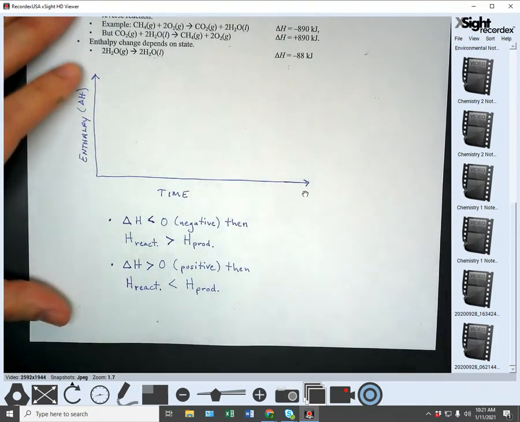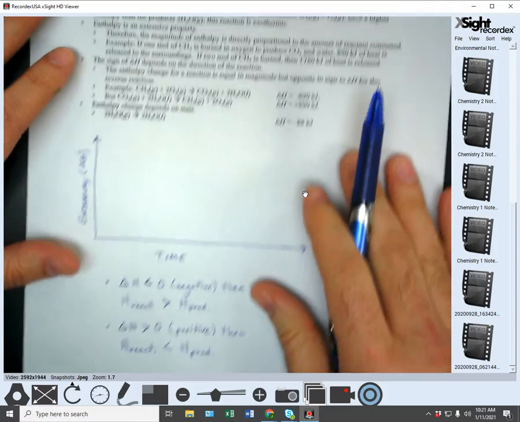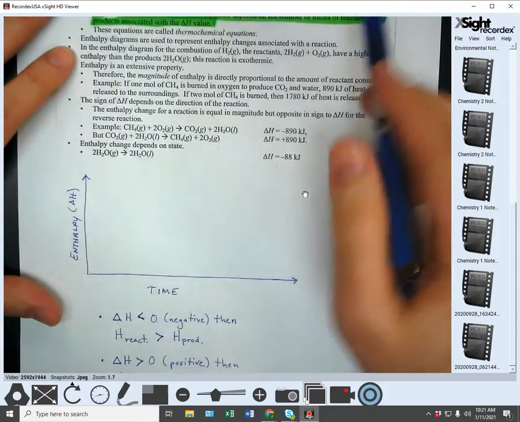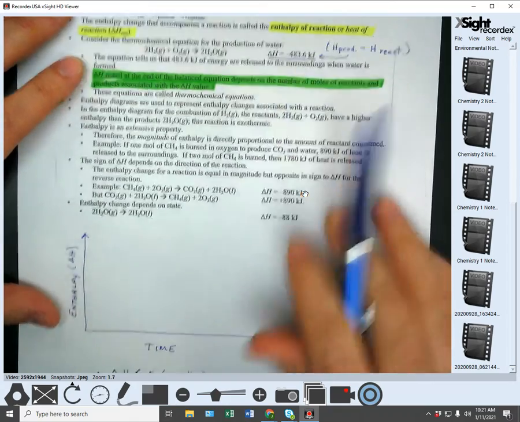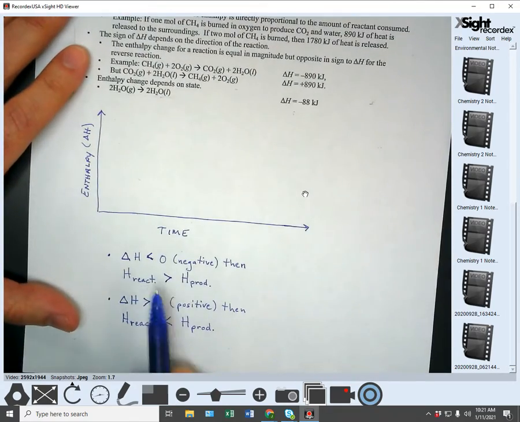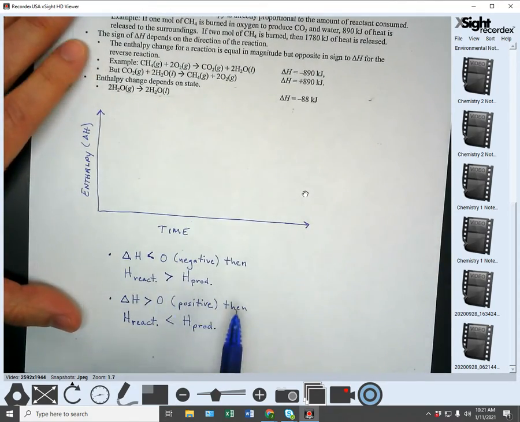So if we look at what we have here, we know that because our delta H is negative, our reactants had more enthalpy than our products.